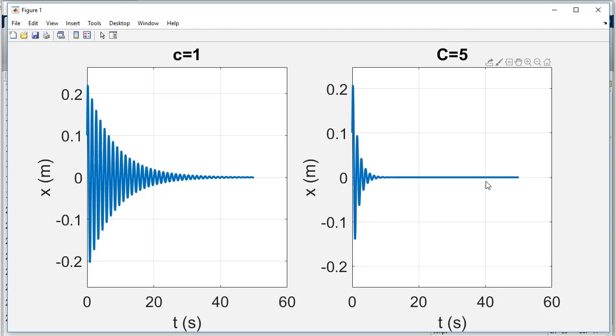That makes sense. The system is losing energy. But here, because we have less energy dissipation, we have the oscillation up to 20, 30, maybe 40 seconds. The oscillation continues and goes on. But here the oscillation damps out very quickly.